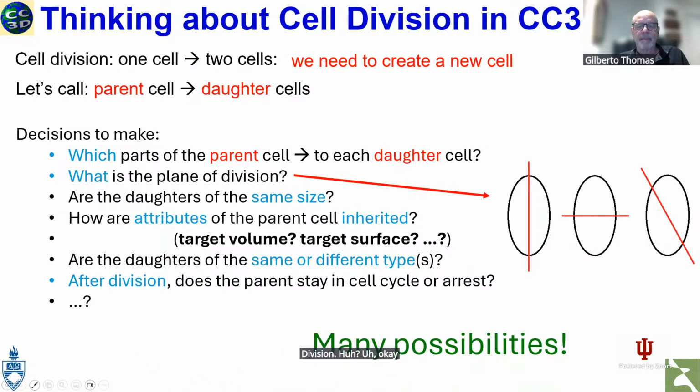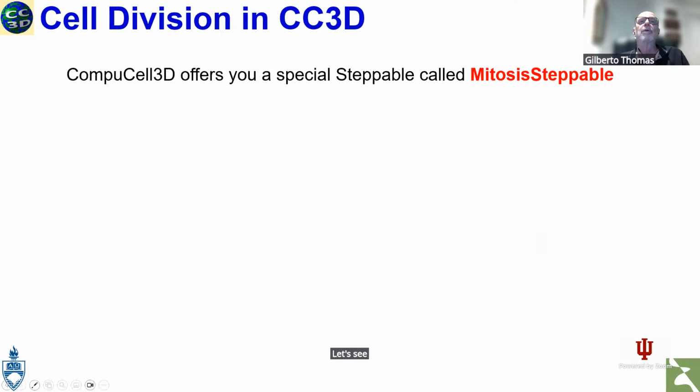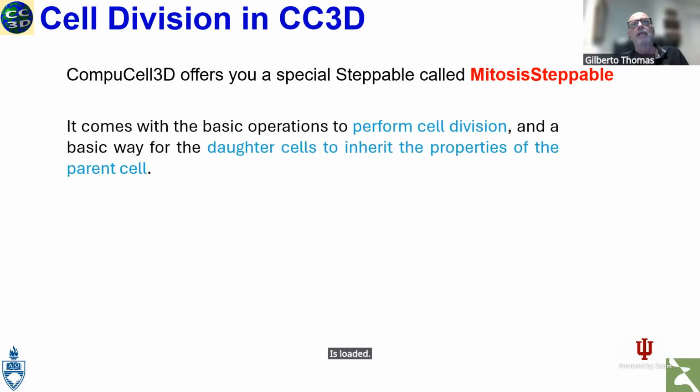Okay, let's say CompuCell has this tool inside its engine. It is a special steppable called the mitosis steppable. This mitosis steppable is loaded at the beginning together with cell properties and behaviors inside the wizard.